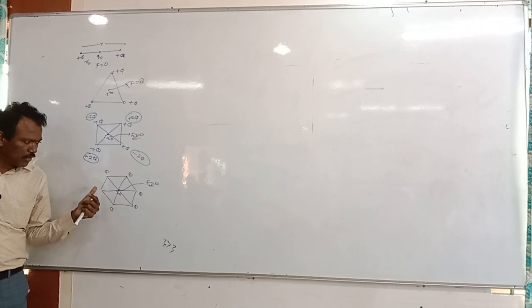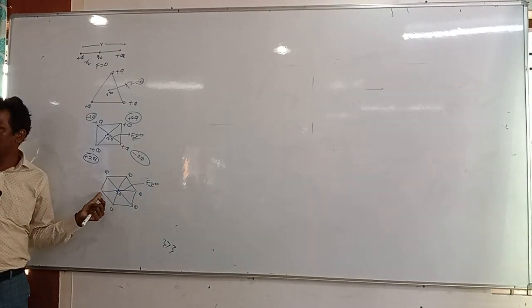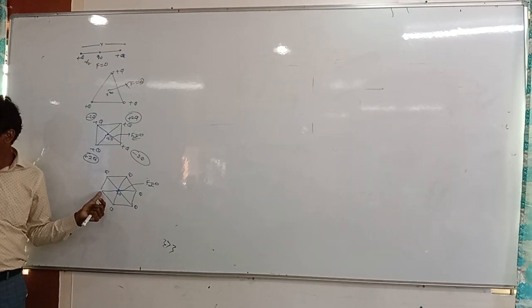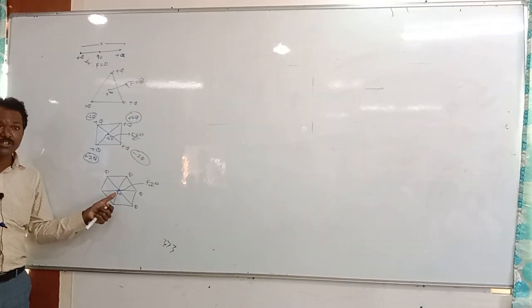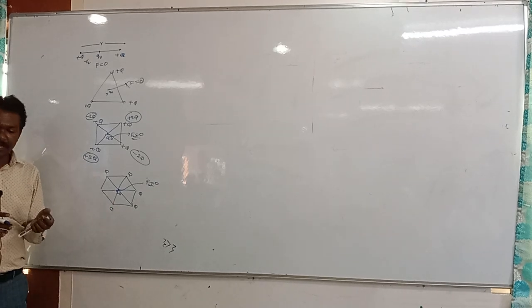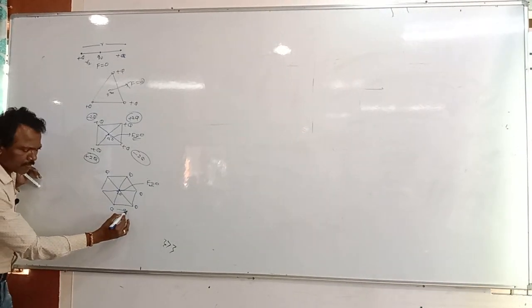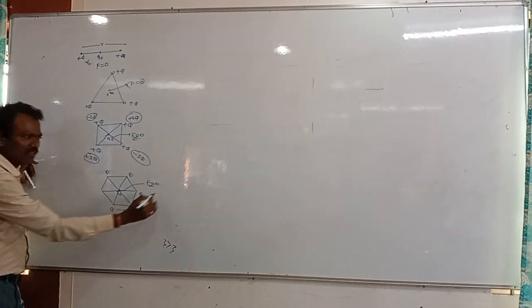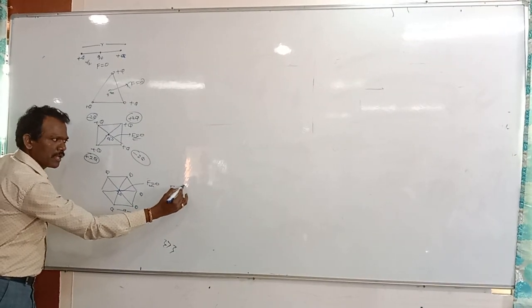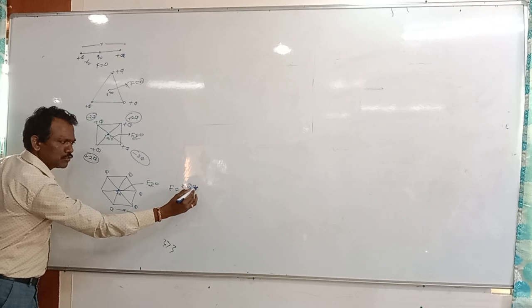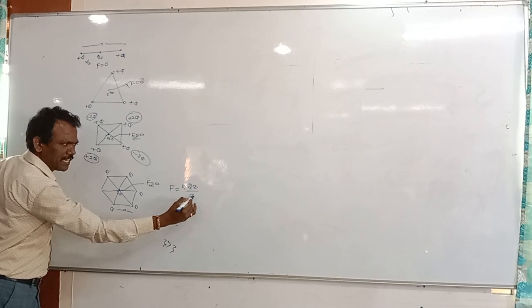If that charge is not there and only 5 q's are given, what will be the net force? It is equal to k into Q into small q divided by a square.